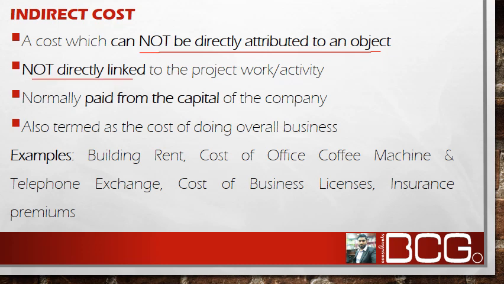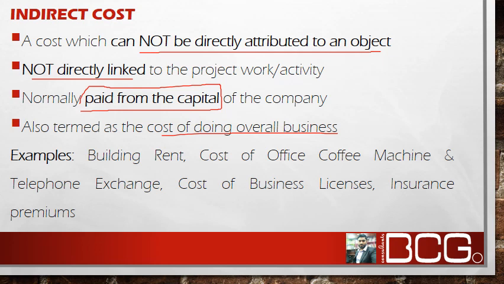They cannot be directly linked to a project activity, and most importantly, normally they are not paid out from the project budget, but from the capital of the company. Because they are paid out from the capital of the company, they are also termed the cost of doing overall business.